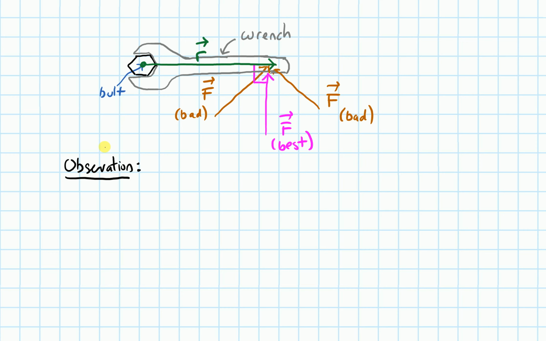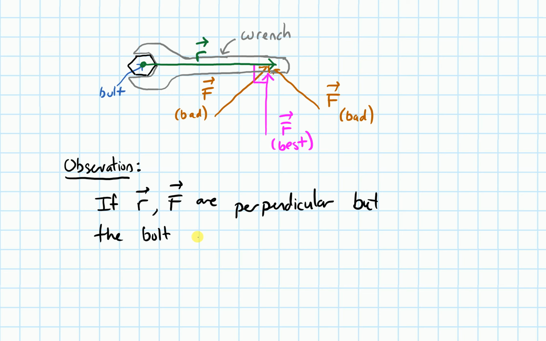All right, so I want to write out an observation now, which is if r and f are perpendicular, so if we got them in a perpendicular orientation, but the bolt still doesn't move, then we either need to increase the length of r or increase the length of f.